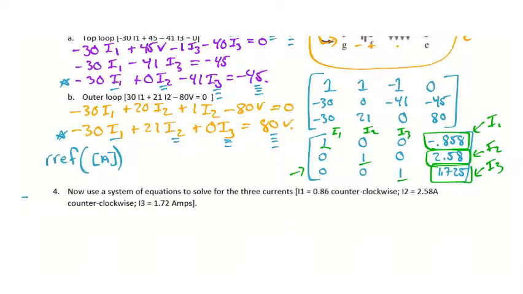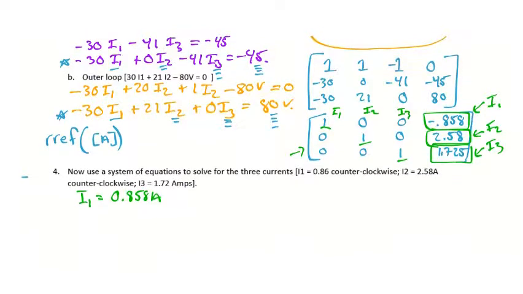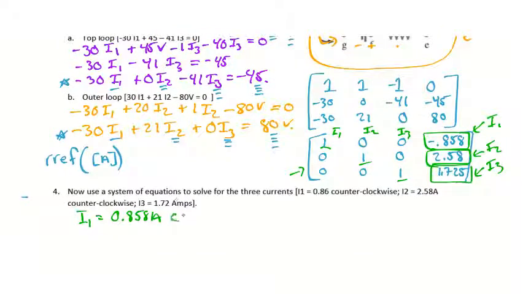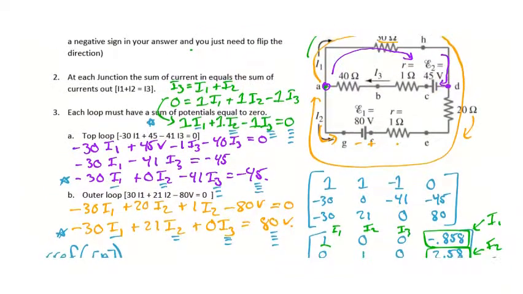Because we have a negative output, that is in fact wrong. So I1, the number is correct, is 0.858 amps, but it is in fact not clockwise, but counterclockwise.